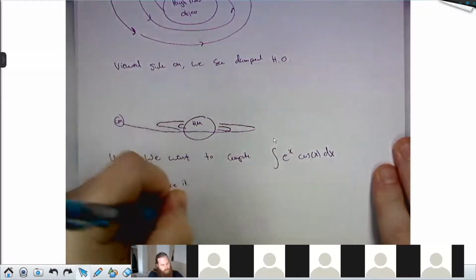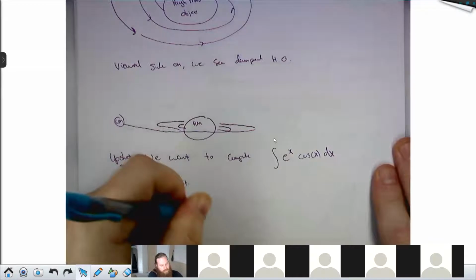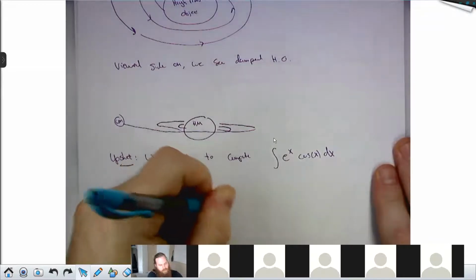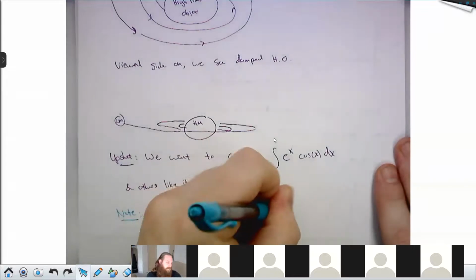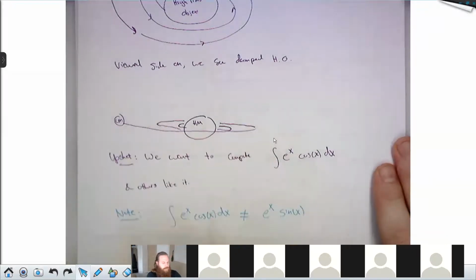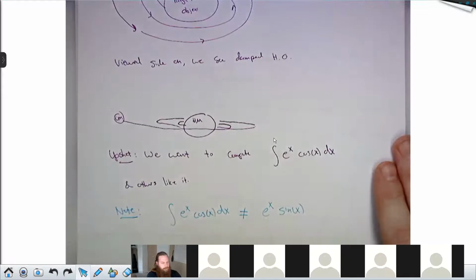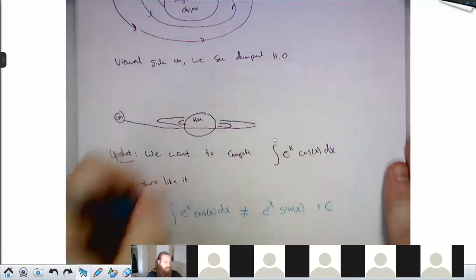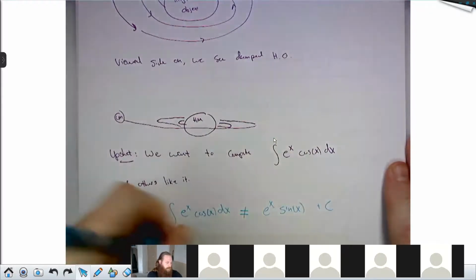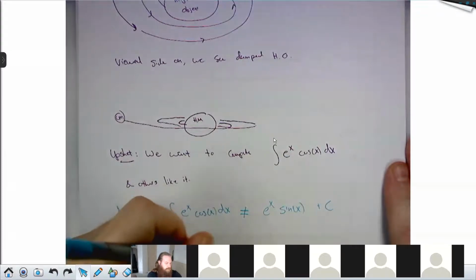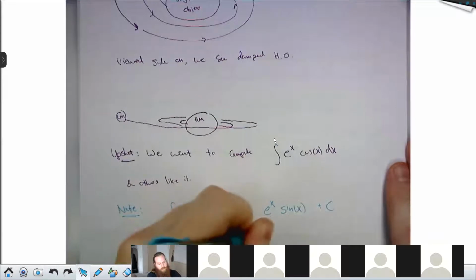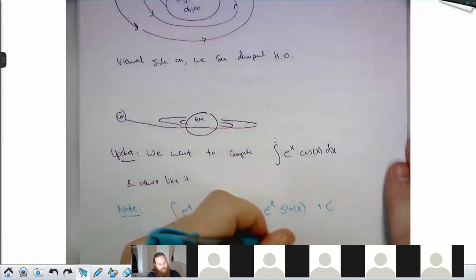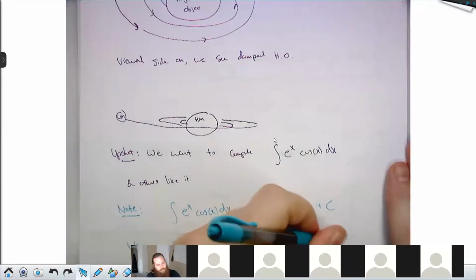This integral of e to the x cos x dx is very much not e to the x sine x. You can't just integrate each piece, because the integral of f of x times g of x dx is super duper not equal to the integral of f of x dx times the integral of g of x dx.